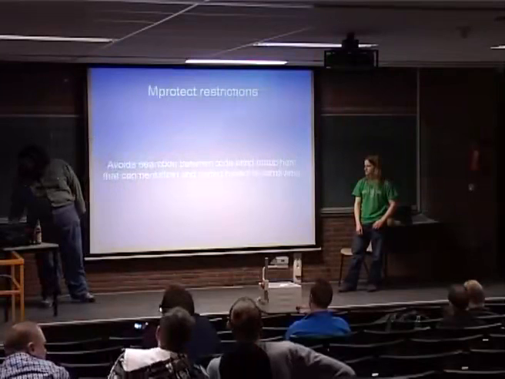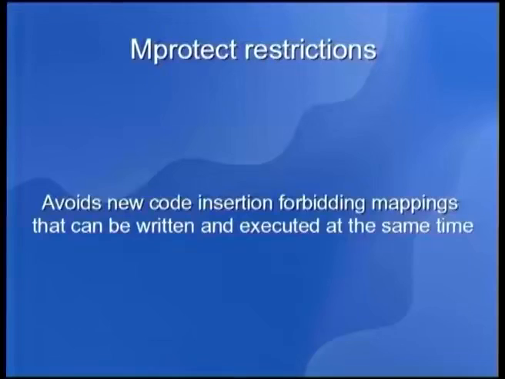And that's what comes to our next stuff: mprotect restrictions. We don't allow users to write and execute memory at the same time. I mean, if we know this is what does stuff, we are not going to allow anybody to modify our map here in order to do different stuff than what we want it to do.